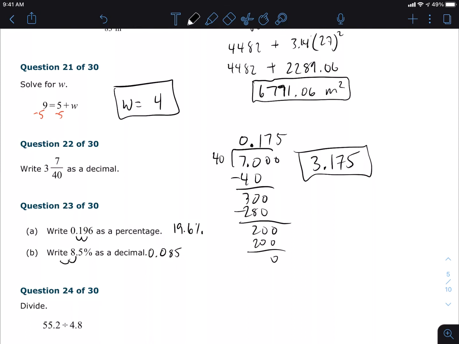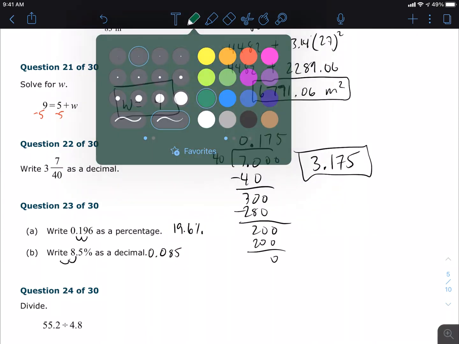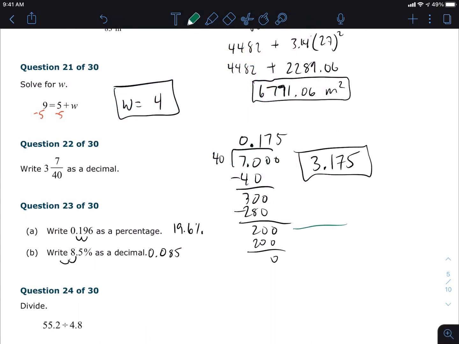Yes. When making a percent from a decimal, you multiply by 100. When taking a percent to a decimal, you divide by 100. So let me just write that down. So in the first one, I'm going to multiply by 100, and in the bottom one, I divide by 100.